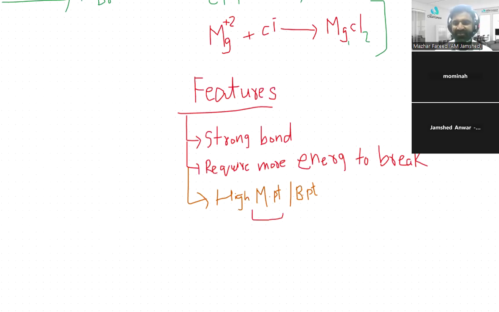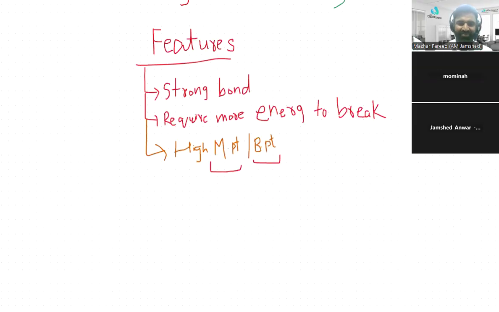If we see any ionic compound, firstly, we see all of them have the highest melting point and boiling point. We can explain one example like common salt, that is known as NaCl.